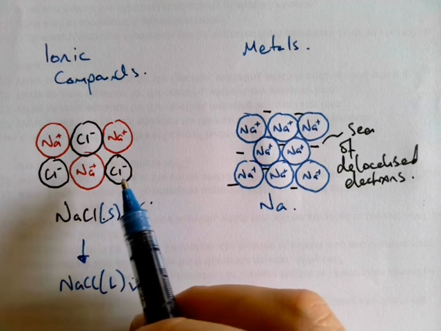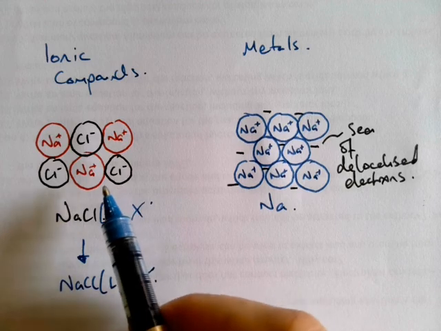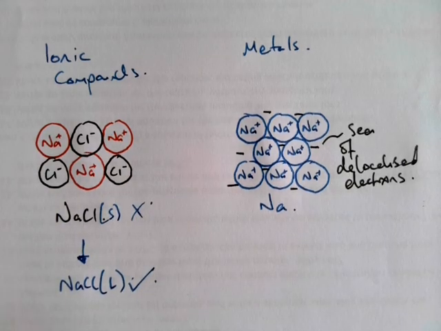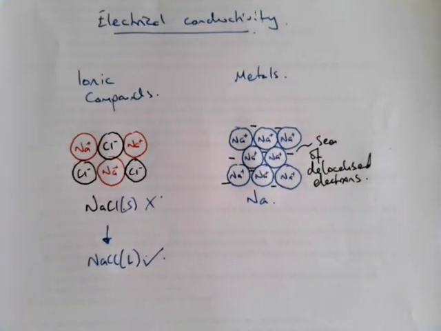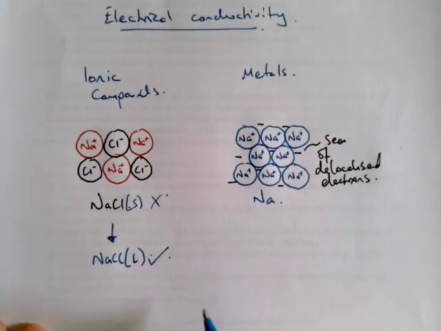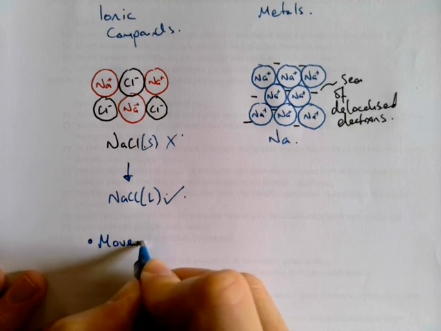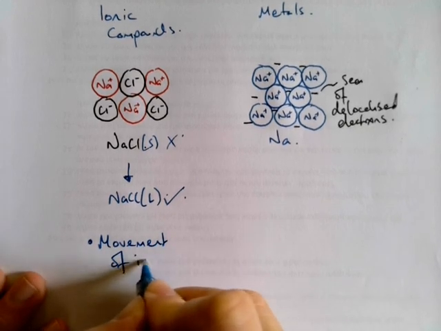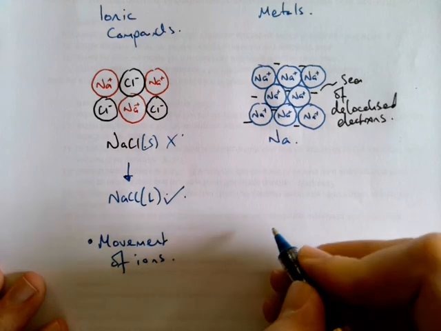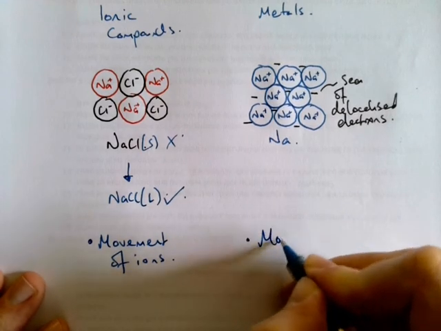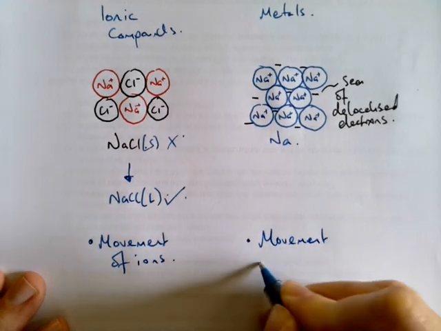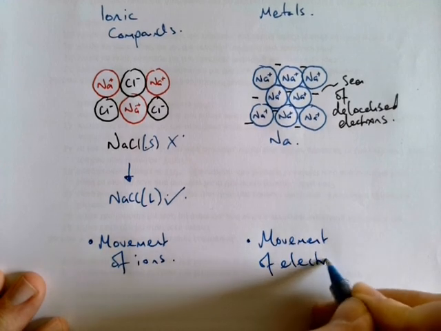You see how I didn't mention electrons again? And that's because when we're thinking about conductivity, for ionic compounds, the conductivity depends on the movement of ions. Whereas in a metal, the conductivity depends on the movement of electrons.